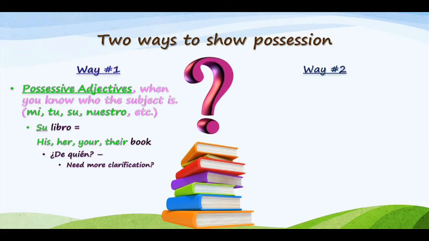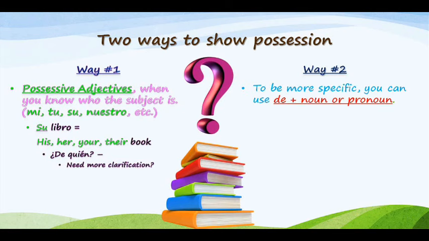In this way of showing possession, we have actually already learned. But as a reminder, to be more specific, you are going to use the construction de plus a noun or a pronoun. So to answer the question of ¿de quién? ¿Su libro? ¿De quién? Whose book is that? Oh, ¿de quién es el libro? Es el libro de María.